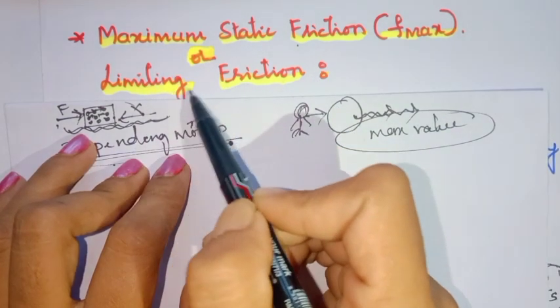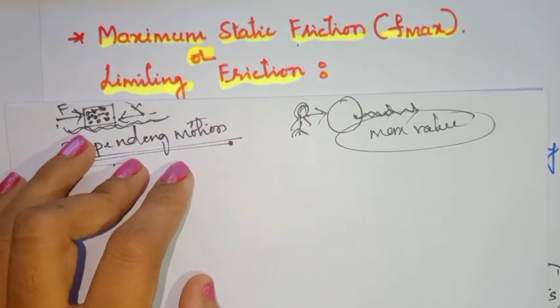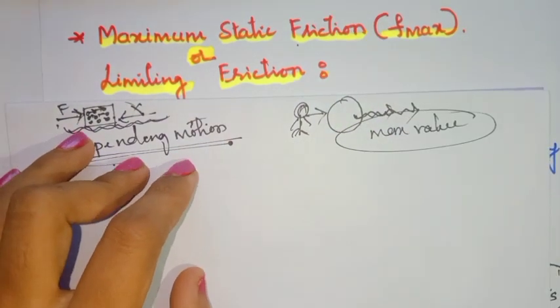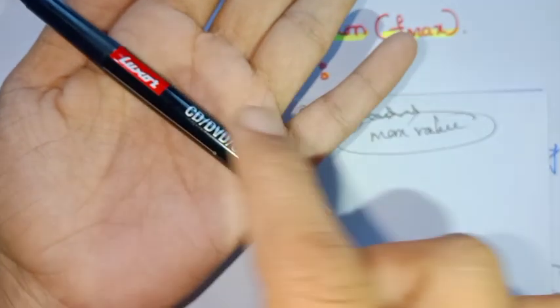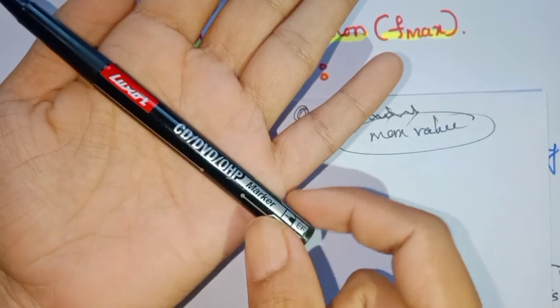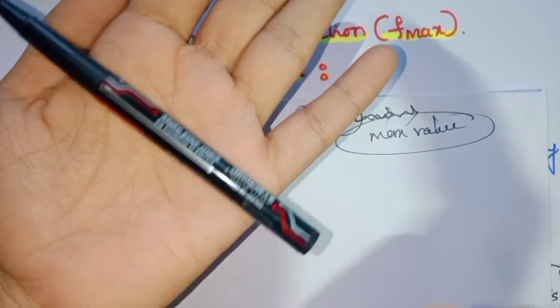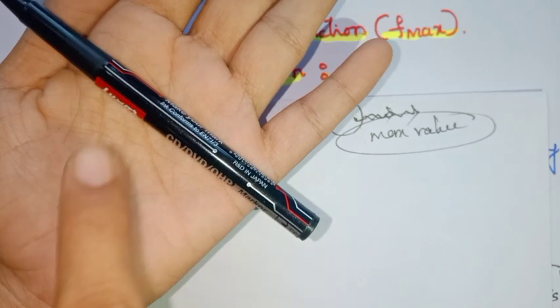Then what do you mean by this maximum static friction or limiting friction? Just observe here: in my hand I'll put this pen. I apply an opposite force and the pen is balanced on my hand. The same amount of force applied by the pen is applied by my hand also, so that the object is balanced.